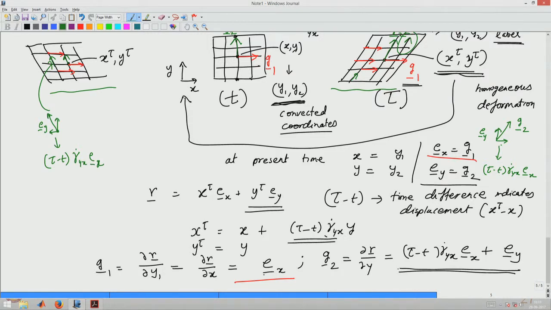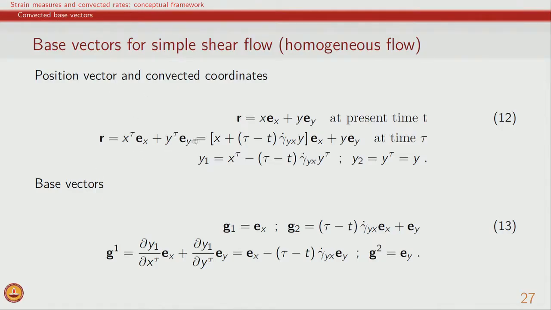Now, we have seen that even if we calculate the base vectors according to their definitions, the base vectors keep on changing based on the deformation, and depending on the time evolved or the rate of deformation, G1, G2 and these base vectors will keep on deforming. So, therefore, they contain information about the deformation itself.